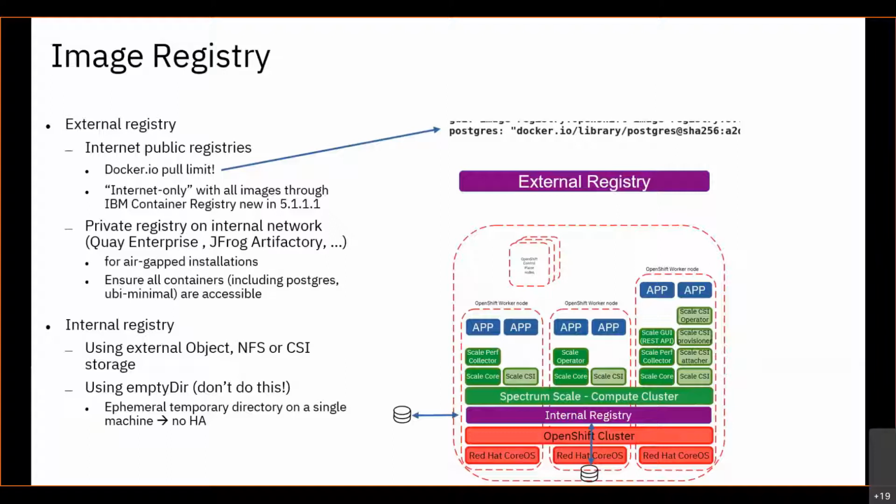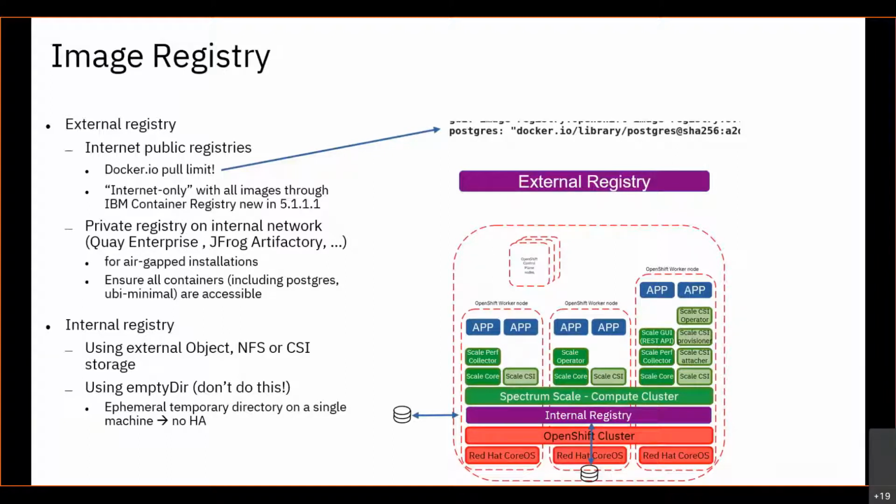That's sometimes a bit of a chicken and egg problem, but in case your CSI is installable without an on-prem registry, you can even put your internal registry built into the OpenShift cluster on top of a CSI driver.